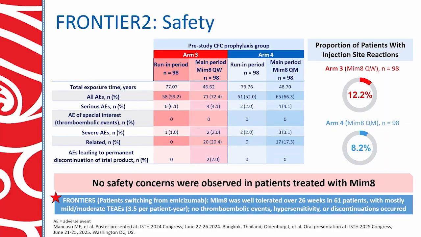If we look at the injection site reactions, we can say that in both arms, the weekly as well as the monthly treatment arms, they were very low, around 10%. So no safety concerns were observed in patients treated with Mim8. And this could also be shown in the FRONTIER studies where patients were switched from emicizumab to Mim8.